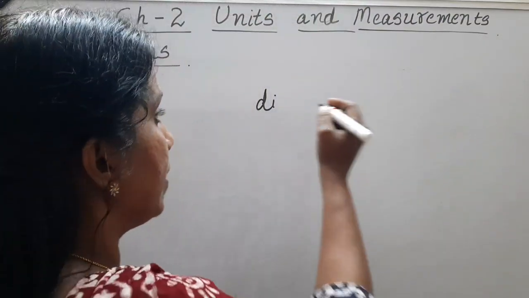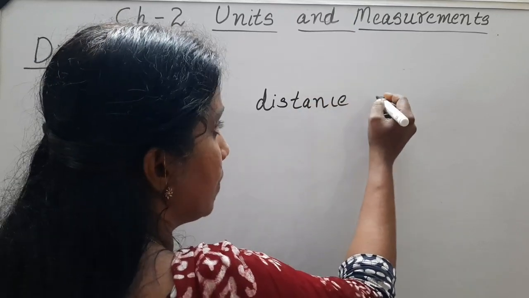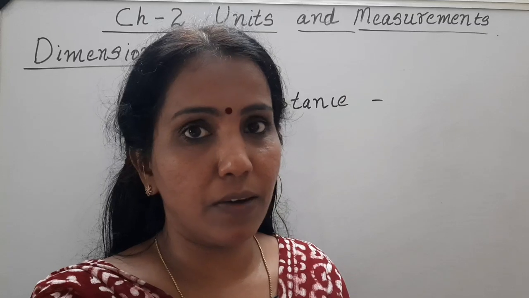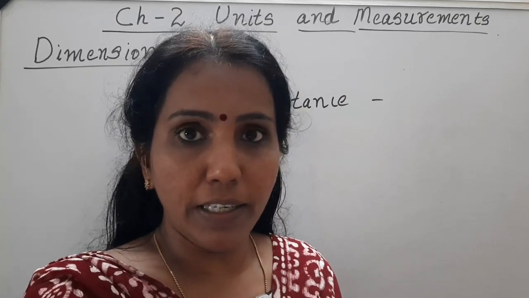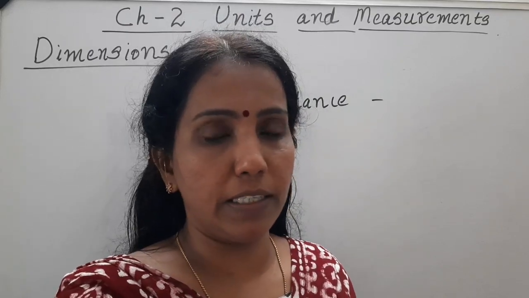Okay, so when I use the physical quantity distance, basically, what is this distance? We know about two types of quantities, fundamental quantities and derived quantities. Derived quantities are the quantities which can be expressed in terms of fundamental quantities.